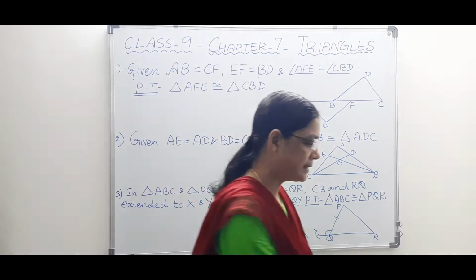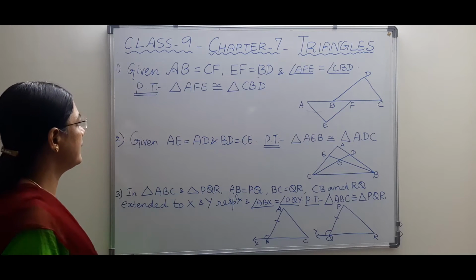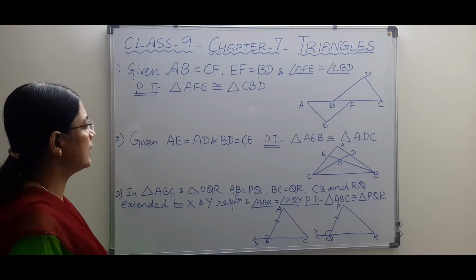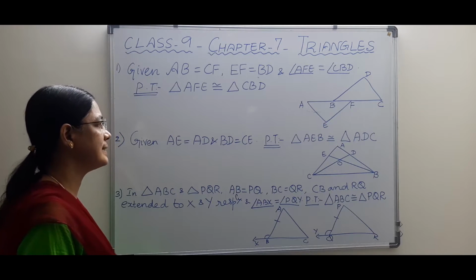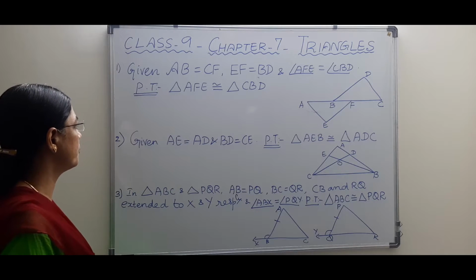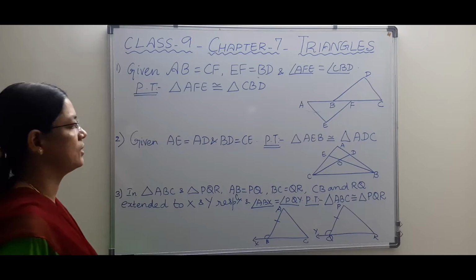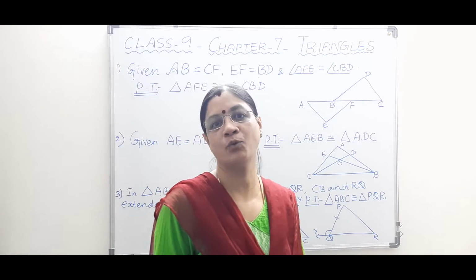Okay, so let's start with our first problem. Given AB is equal to CF, EF is equal to BD, and angle AFE is equal to angle CBD. You should prove that triangle AFE is congruent to triangle CBD. I think I have read it perfectly, but please don't worry.